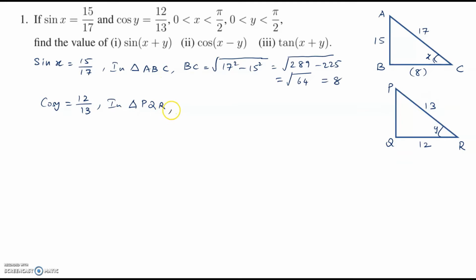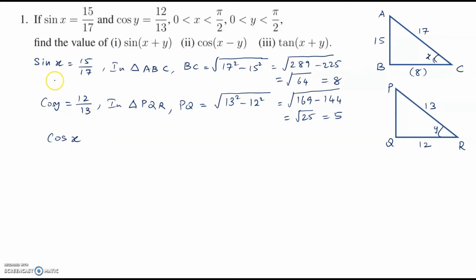Therefore, in triangle PQR, PQ will be equal to square root of 13 squared minus 12 squared, which is equal to root of 169 minus 144, which is equal to root of 25. That's equal to 5.